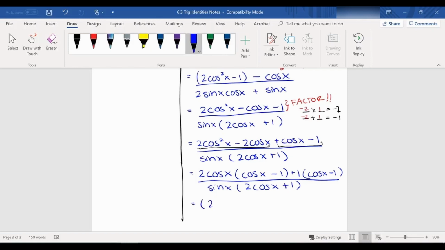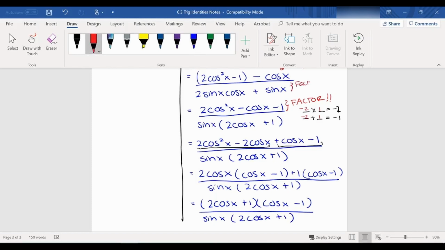This means my two factors are 2 cosine x plus 1 and cosine x minus 1, all over sine x times 2 cosine x plus 1. So we factored the top and the bottom.